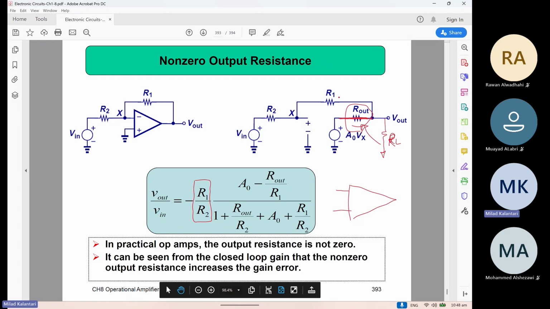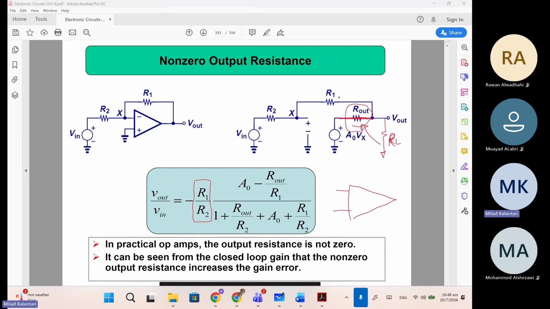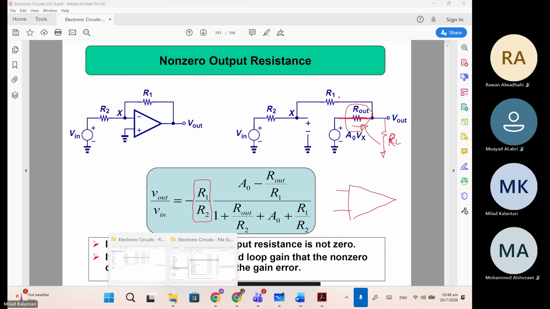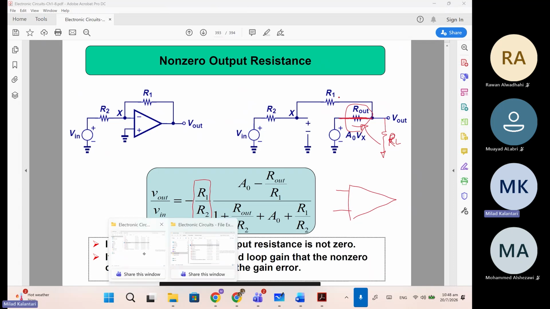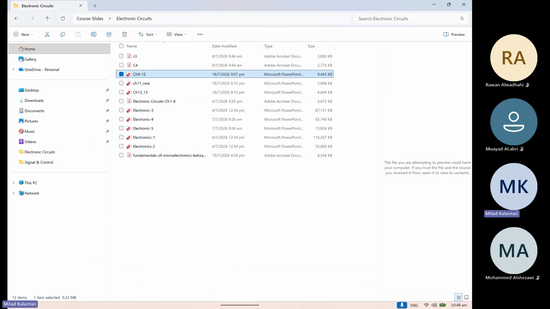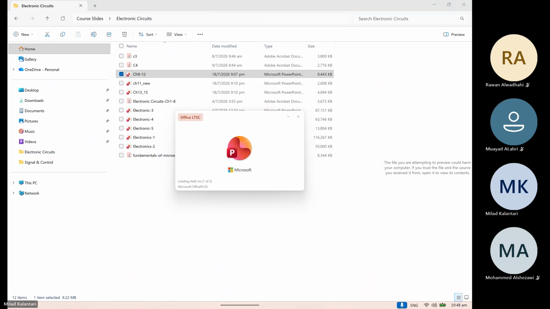And then we try to see how we can make these circuits. So we continue to the next chapter, which is in the direction of actually making this kind of op-amp circuit.